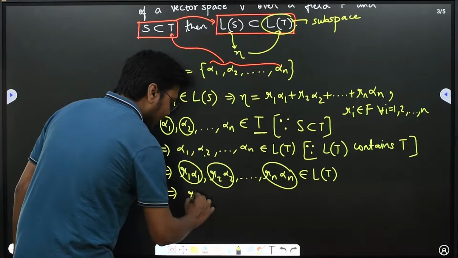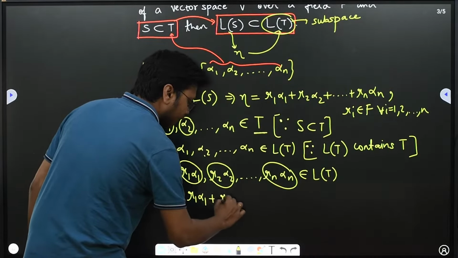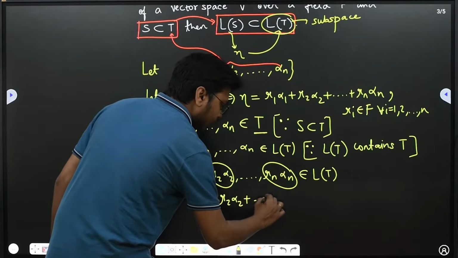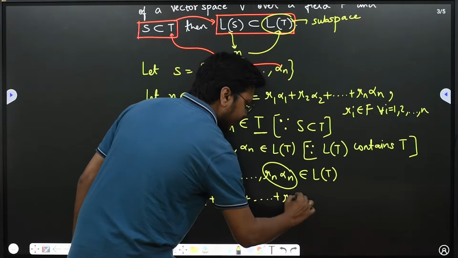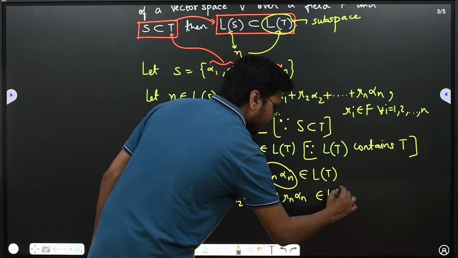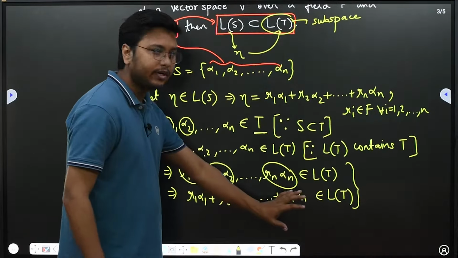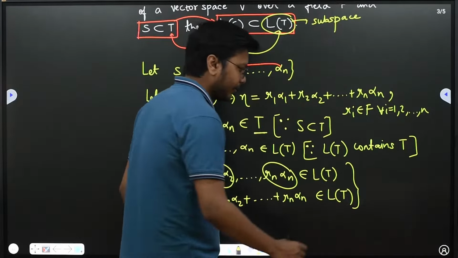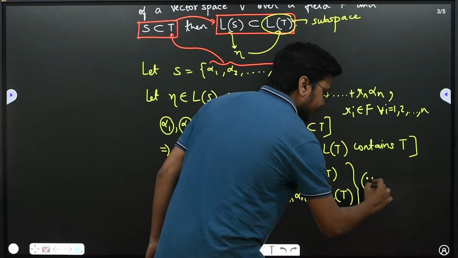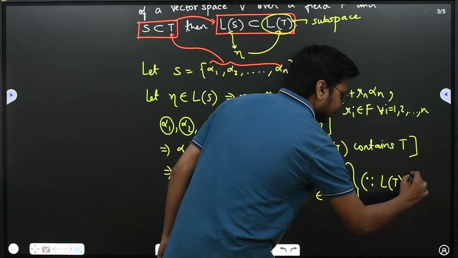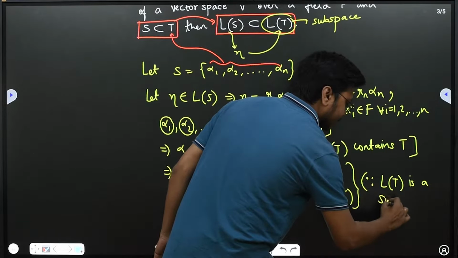So R1 alpha 1 plus R2 alpha 2 plus Rn alpha n are all going to belong to LT. These two things we could say only because LT is a subspace.